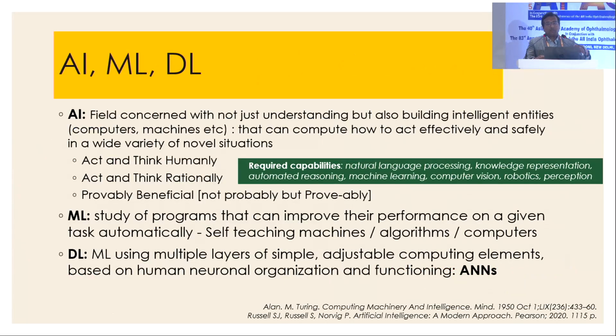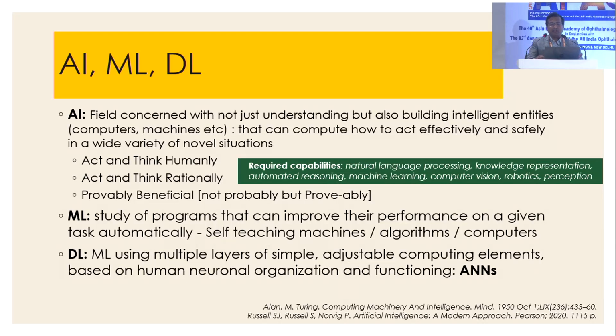Now, when we talk about AI, three terms often come along and these can be confusing. So just to clarify, AI is about building intelligent entities that can compute and work in an independent manner. Turing said: act and think humanly, act and think rationally, and they are provably beneficial.